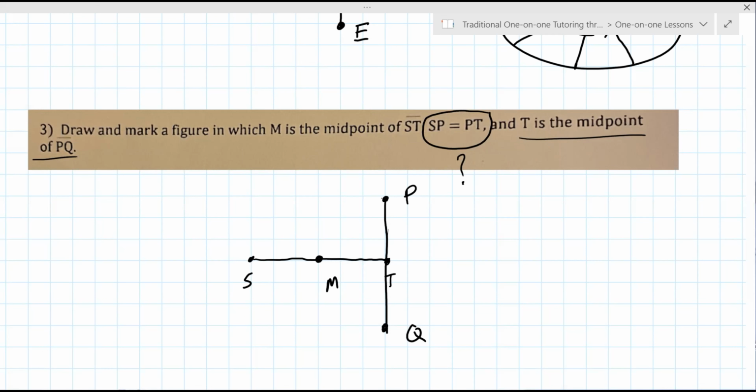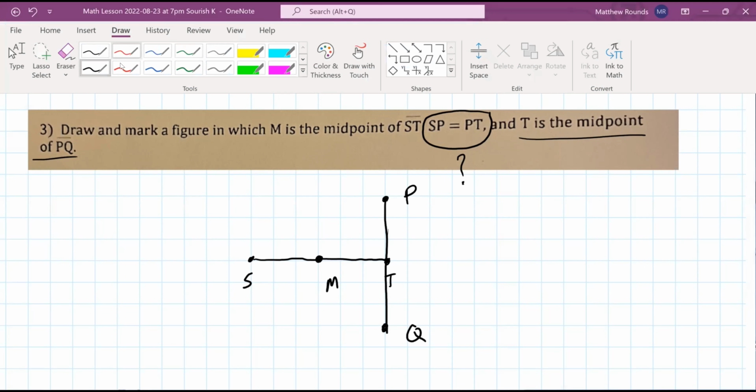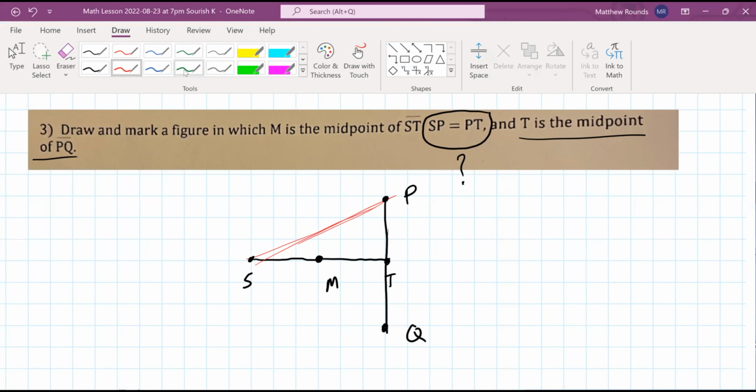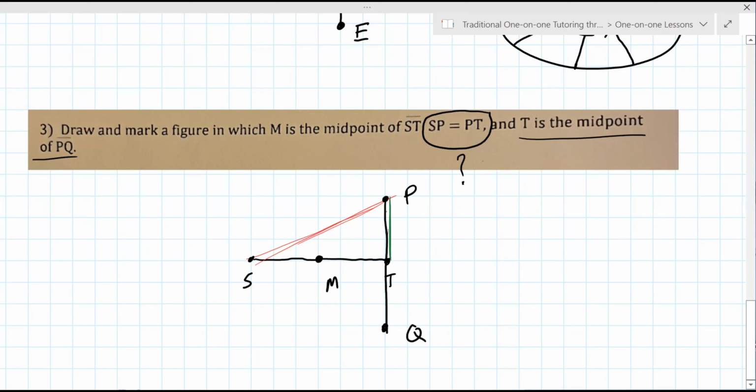Now the next thing says that SP is equal to PT. So here's PT, and then here would be SP. But they're not the same length now. PT is really short. We're just looking at it together.